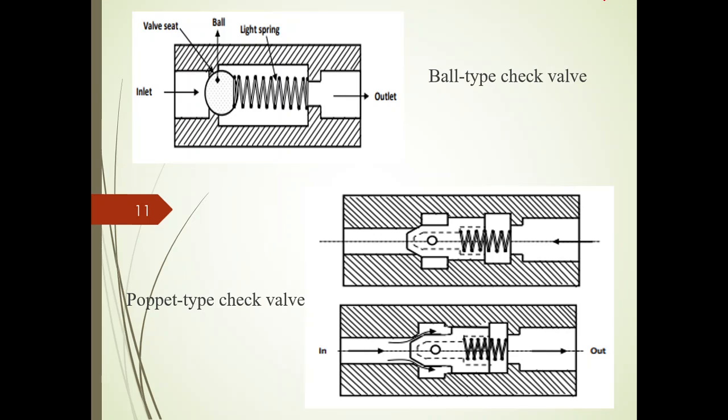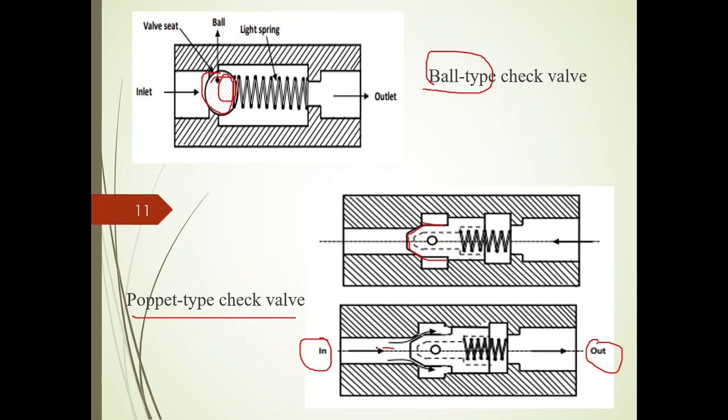Right. So as I said, we are having two types of check valve. Whenever we use the ball, this is called a ball type of check valve. Whenever we use the conical cone, right? So that is called the poppet type of check valve, right? So I can get the flow from inlet to outlet, right?